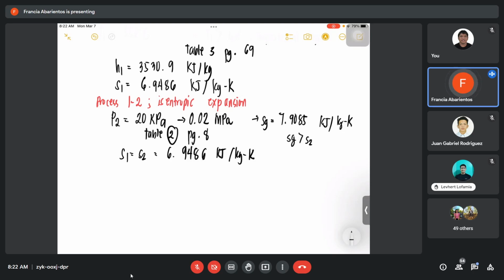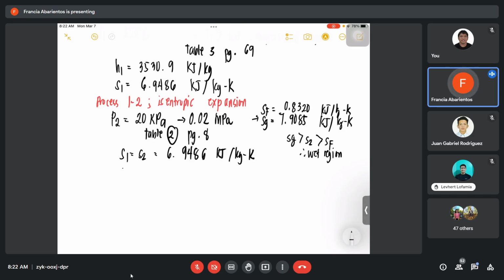And considering that our SF, the saturated entropy at saturated liquid, is 0.832, our S2 is larger than SF. So automatically, wet region. Okay?